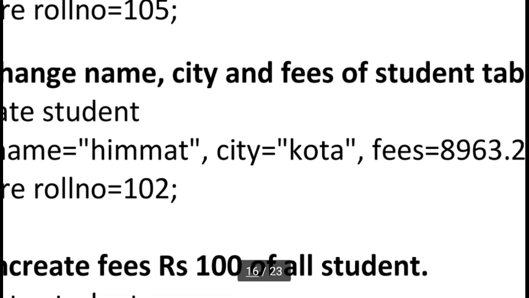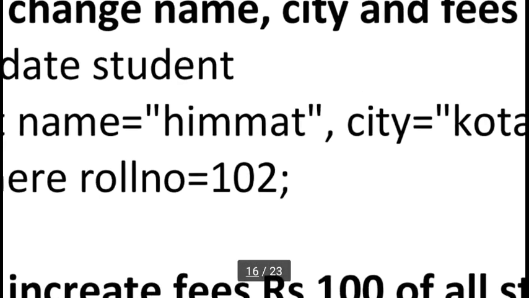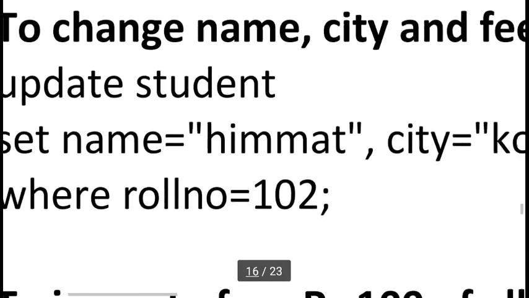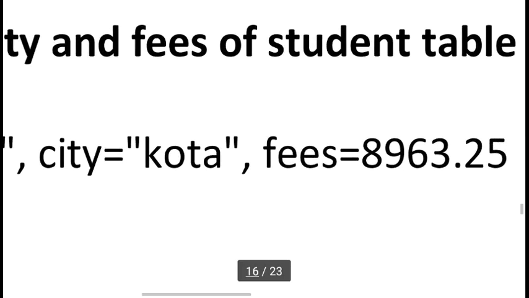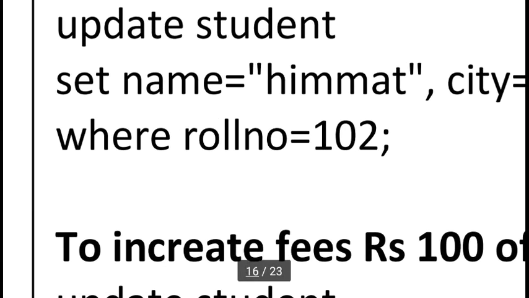The new thing here is we can replace multiple column values of a particular student. So all the values of roll number 102 are changed: name Himmat, Kota, and fees. Only the 102 record will change.